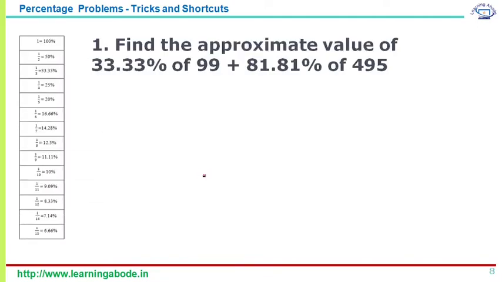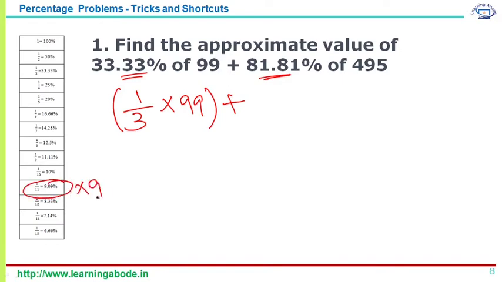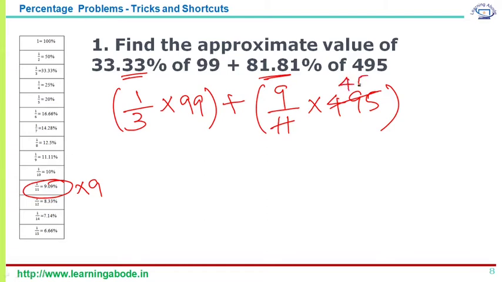I'm showing you a direct question, one of the previous year questions. It asks for the sum of 33 percentage of 99 and 81.81 percentage of 495. Now 33 percentage you can write as 1 by 3, so 1 by 3 of 99 plus, for 81.81, the clue is 9.09. 9.09 into 9 is 81.81 percentage, so this is 9 by 11 of 495. 495 is divisible by 11, it's 45 times.